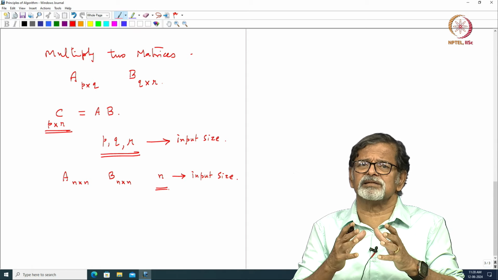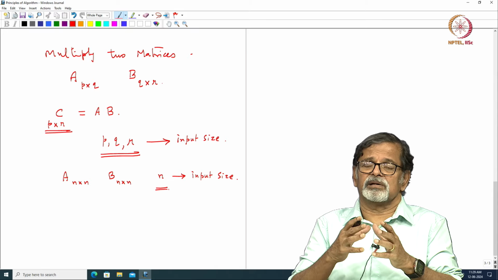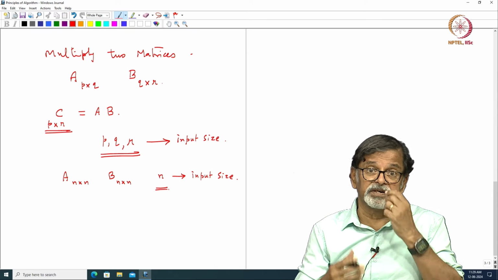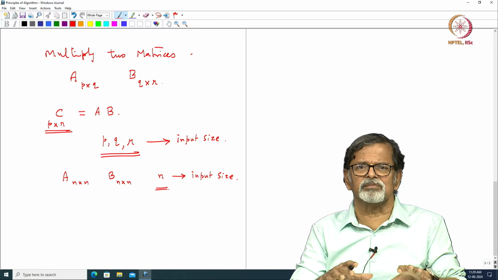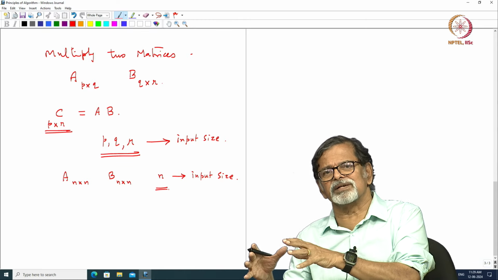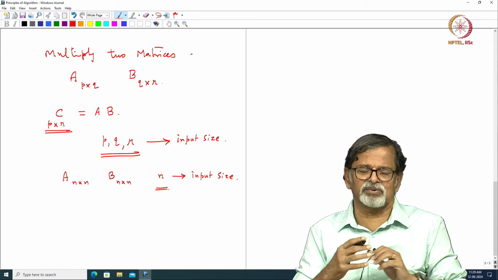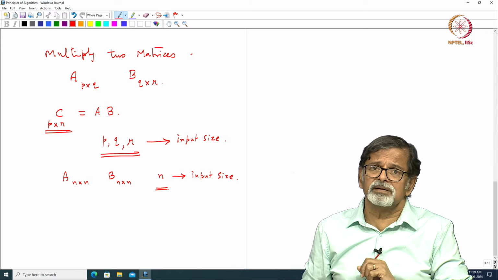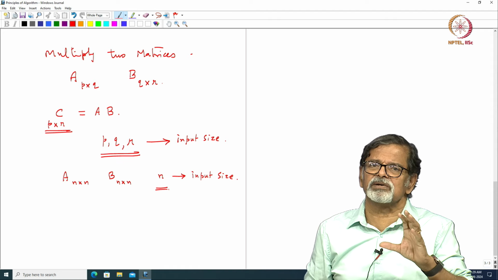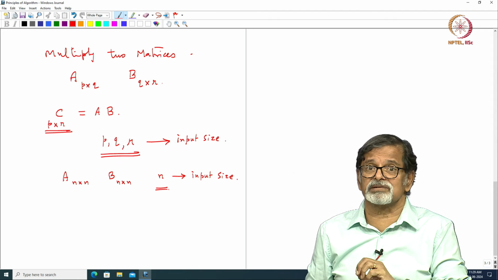There are certain subtle parts of this definition of an input. We may not need them for dealing with algorithms related to graphs. By the way, we are going to focus on a mathematical model called graphs.